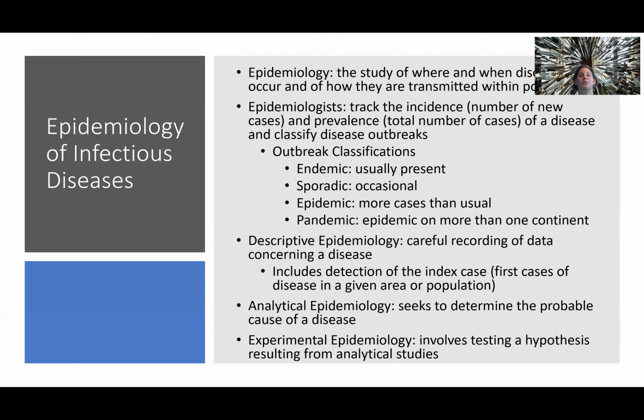Sporadic means that we have this happening occasionally, and then we have an epidemic when we have a higher than normal number of cases. So we are definitely experiencing an epidemic for this particular virus right now, but it is considered a pandemic because it is being experienced worldwide.